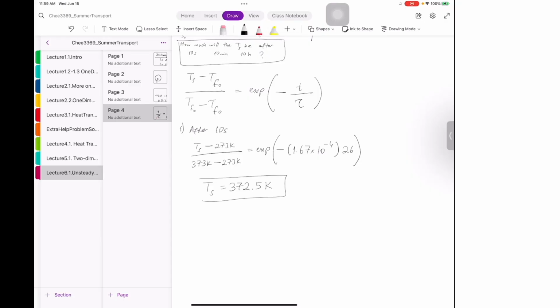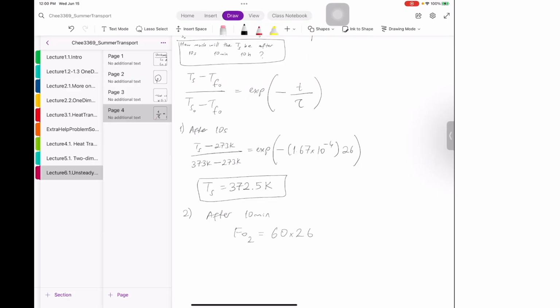Okay, good. If you do it after 10 minutes, it's going to be about 60 times longer, so the Fourier number is going to be 60 times 26. You would calculate the same thing, and you're going to get a smaller and smaller number, approaching 273 as time increases.